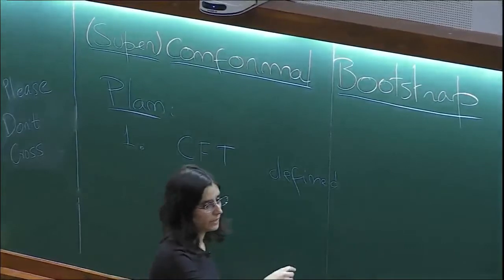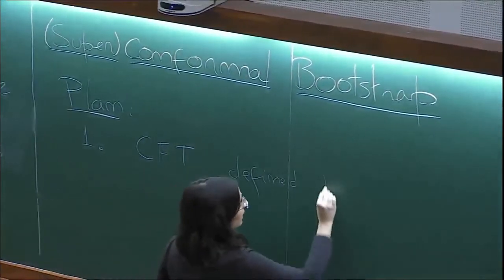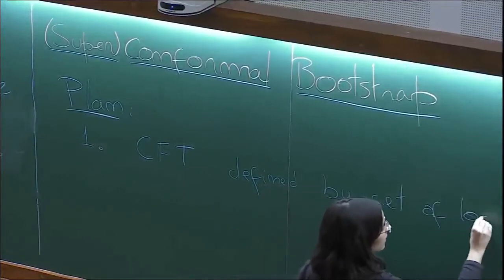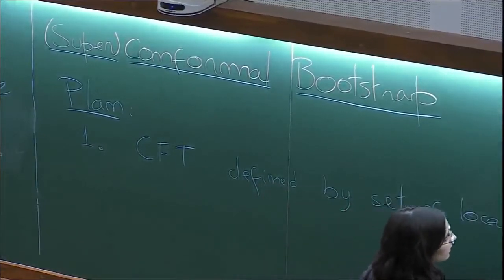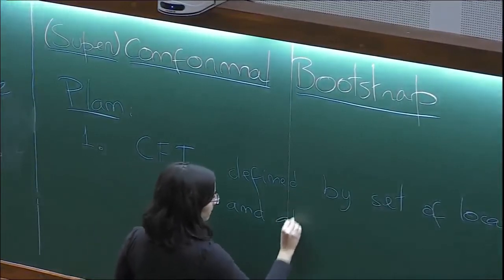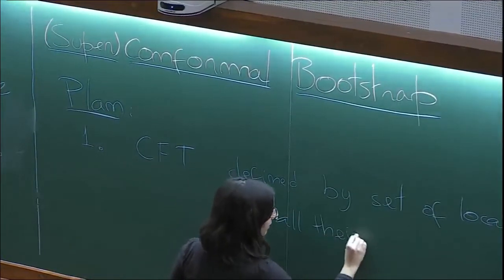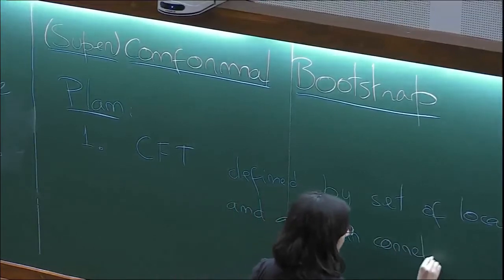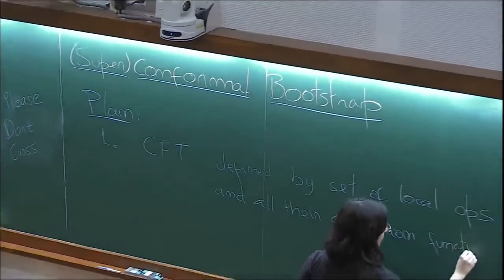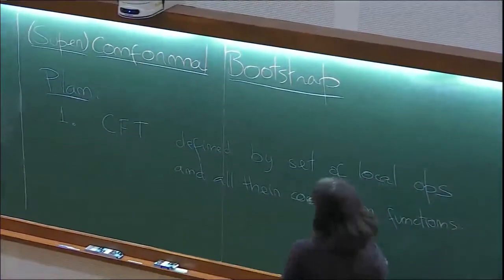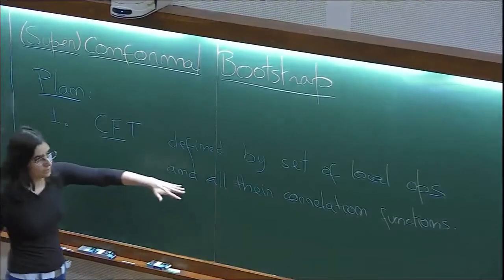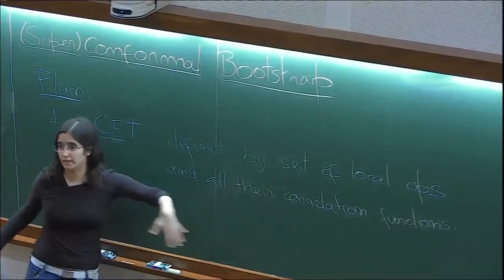So the CFT, we take it to be defined by a set of local operators and all their correlation functions. So by defining the CFT like so, of course, we are ignoring any type of extended operators like defects.